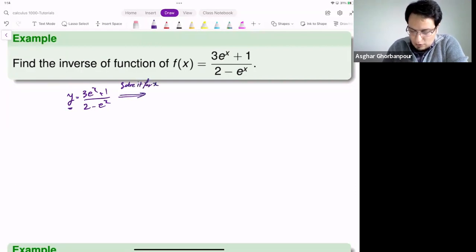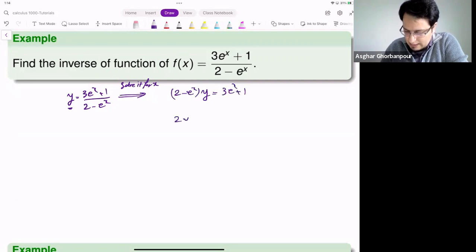So, well, we go just as with the simple rational functions we did. So first, multiply both sides by 2 minus e to the power x. Expanded. Then bring all the expressions in x to one side and let everything else go to the other side.